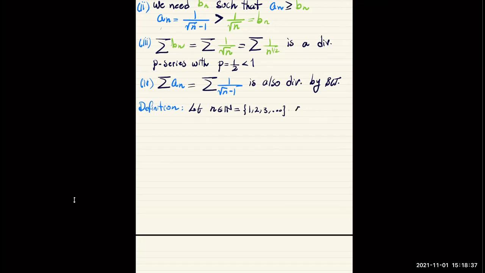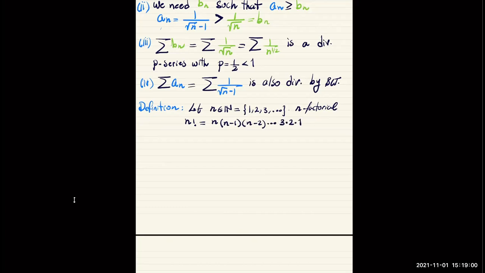Okay, then n factorial is defined as the product of n by n minus 1 by n minus 2 and so on until you get to 1.